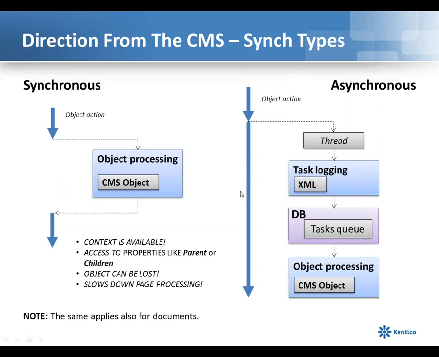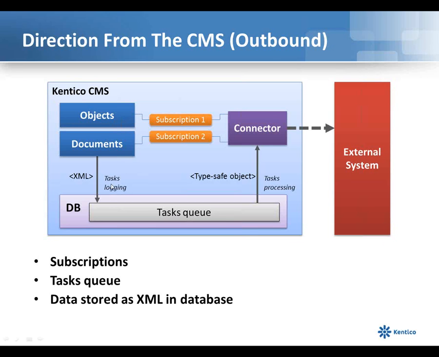So when it comes to processing of the task, there are two types. I told you that a document goes to the task queue, right? And then it's processed by the connector. But it's not true in all of the cases. There are two options. Either it goes directly to your connector, you can imagine it that way.